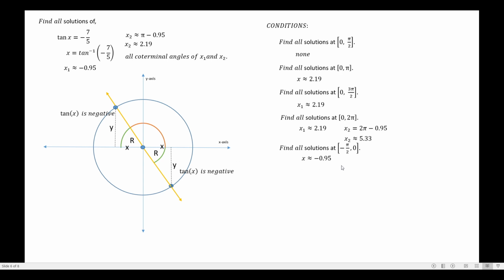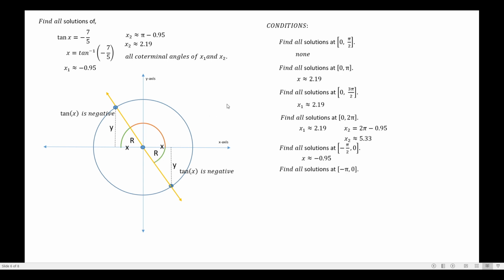It's a negative value, and you have this negative interval, negative pi over 2 to 0, so of course this value will be considered. Just remember that when the interval is on the left side of the x-axis or starts at the left side of the x-axis, then consider the clockwise rotation. Clockwise rotation means from the x-axis moving down to the terminal side.